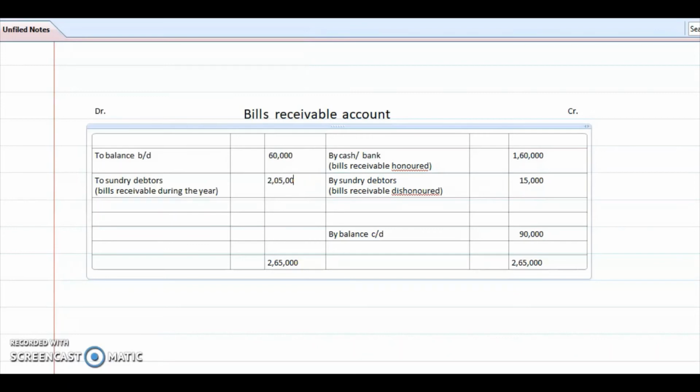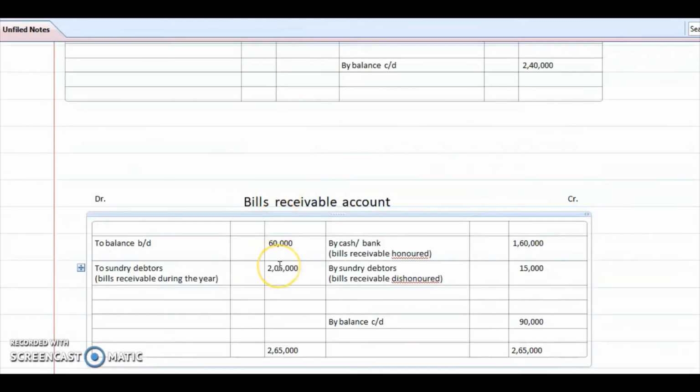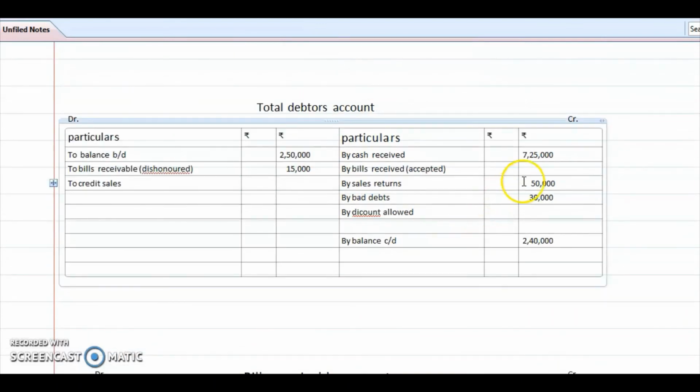That is the balancing figure. What we received during the year is 2,05,000. This amount has to be included in the debtors account. Then only can we find out the real credit sales. So here we found 2,05,000 as the bills accepted.